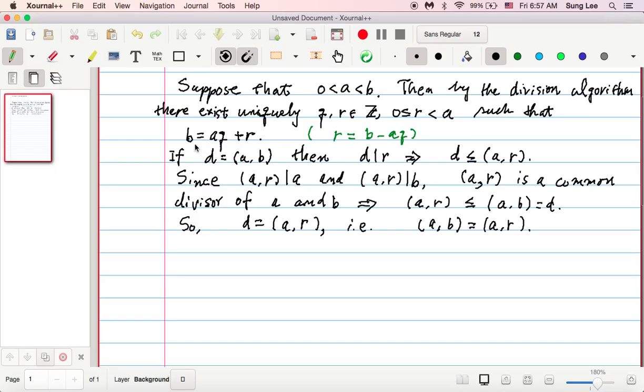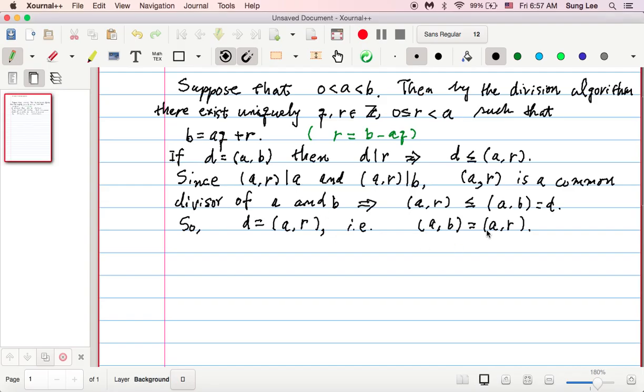And it turns out that it equals the greatest common divisor of A and R. R is less than B. A is less than B and R is less than A, so R is less than B, of course, obviously.